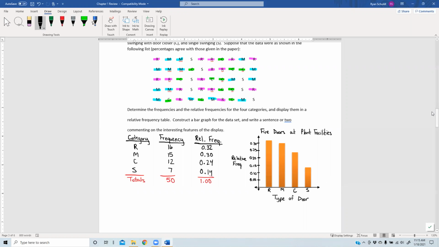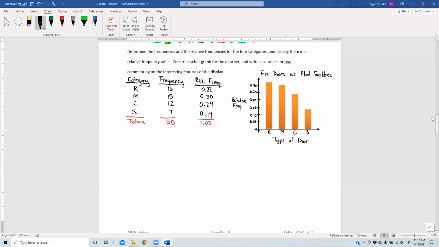So let's just look at our bar chart and see if there's any possible thing that's interesting that we could note. First thing is the most common, by far, or not by far, but the most common type of fire door is the rolling steel door. That's one thing we can notice.